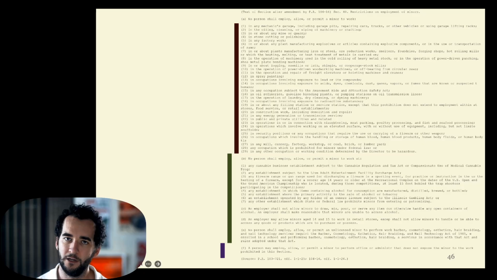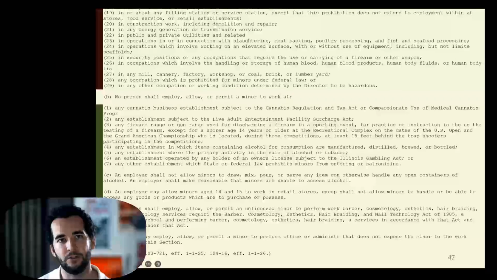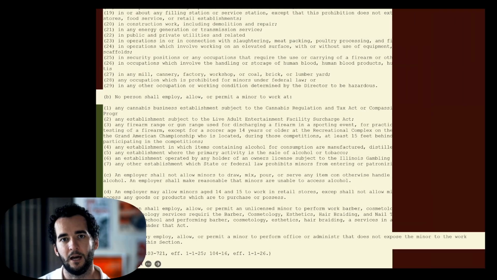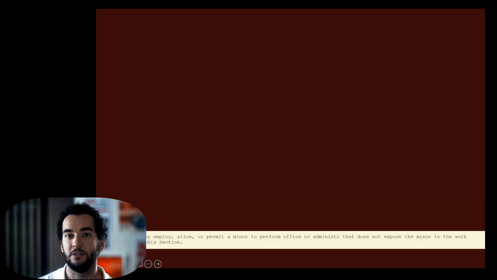And then this final one, probably the most interesting and important, specifically exempts children from the previous prohibitions as long as they're doing admin work that doesn't expose them to the work being done in those places having to do with marijuana, alcohol, or once again, live adult entertainment.